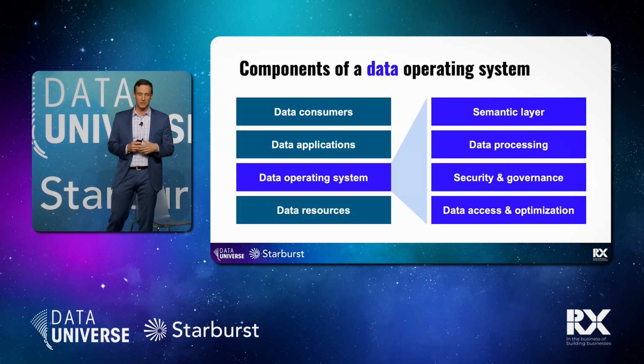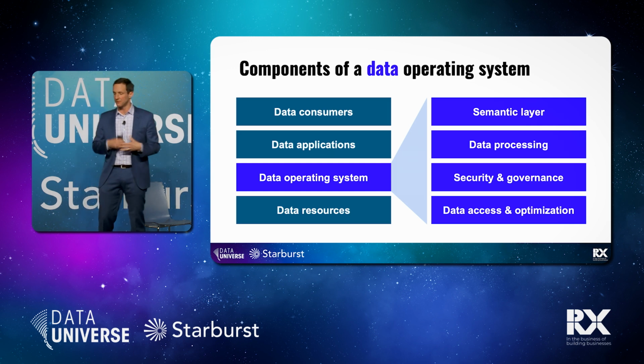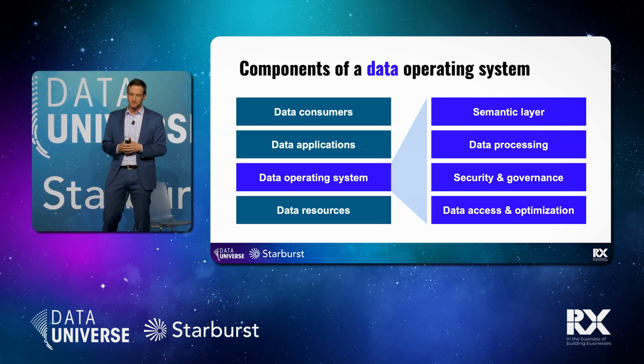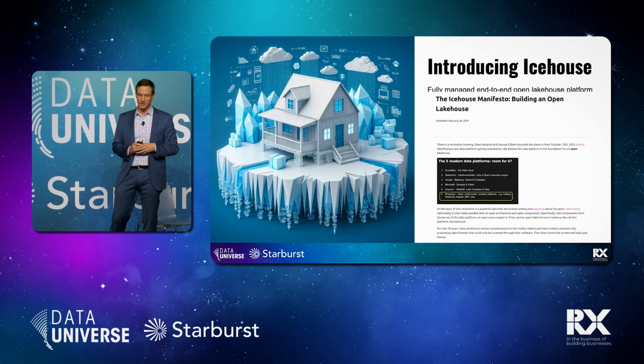And I think similarly, the idea of creating a data operating system makes a lot of sense here, with a few different components to it. The idea of a semantic layer, so it's easy to interact with across all the data in an organization. Of course, you need that data processing engine, and then security, governance, data access, and optimization are all critical components of that operating system concept.